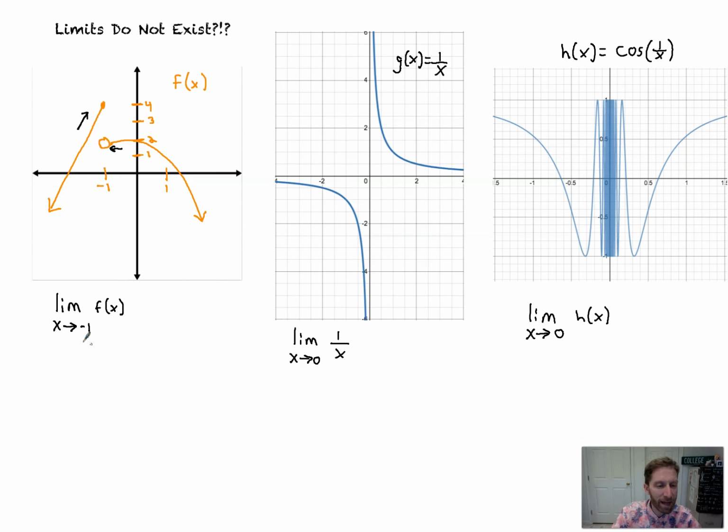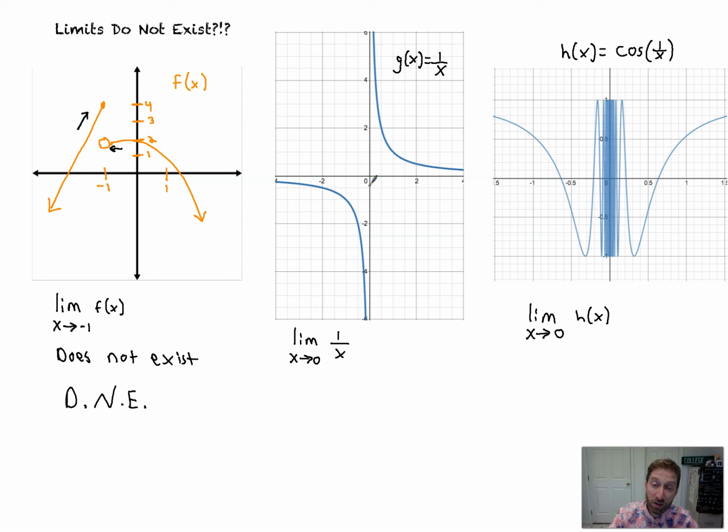It means that the limit does not exist. Some teachers will write that as DNE. That's not formal, but let's just write DNE, for the limit does not exist. Again, that's because we approach a different y value from each side of the x value we're interested in. So that's where the limit is not the same from both sides.